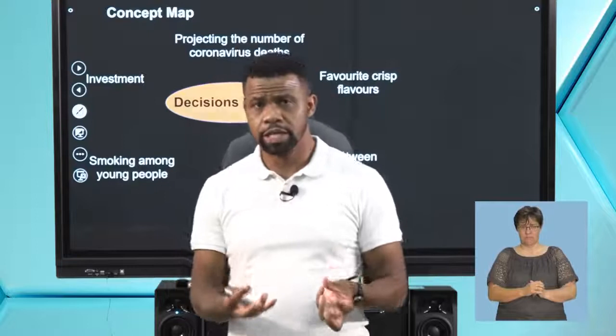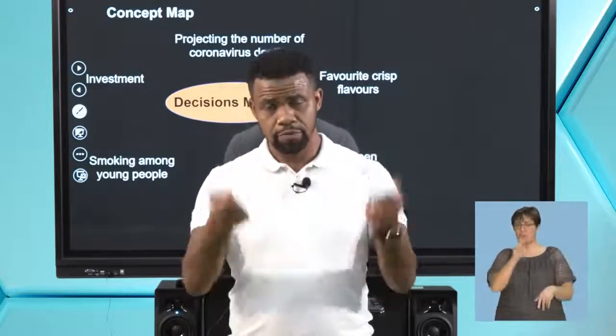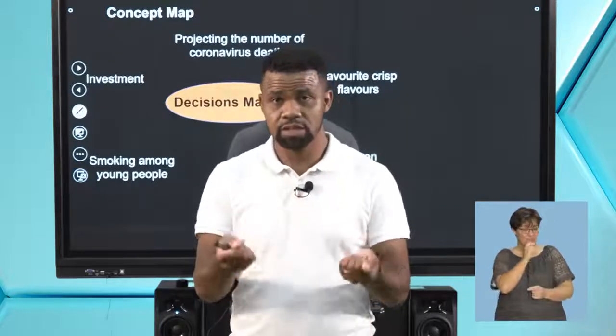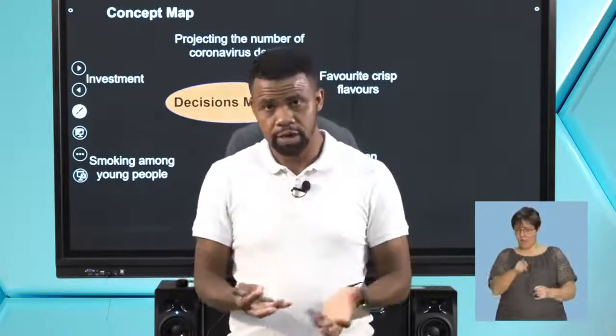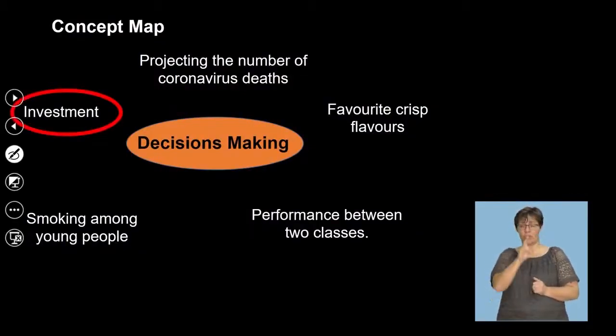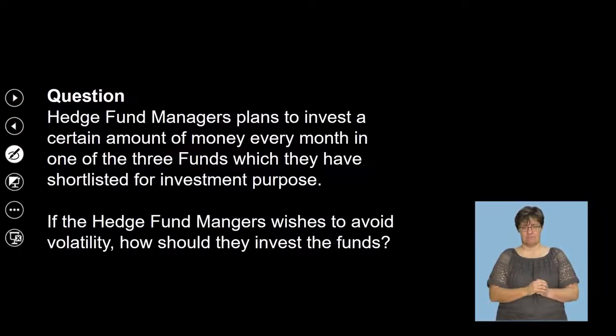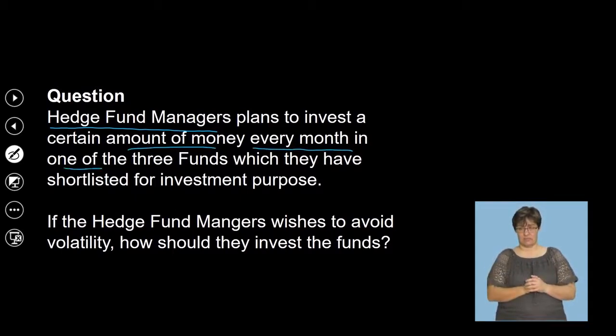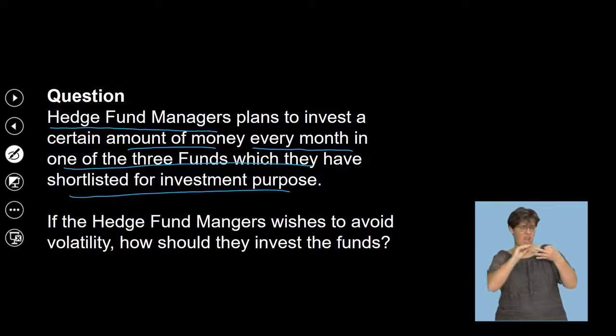Now what we're going to look at is a problem in investment. How can we use statistics to make decisions in finance? Let's see what we have. So we're going to look at investments. So there is a question. A hedge fund manager plans to invest a certain amount of money every month in one of the three funds which they have shortlisted for investments.